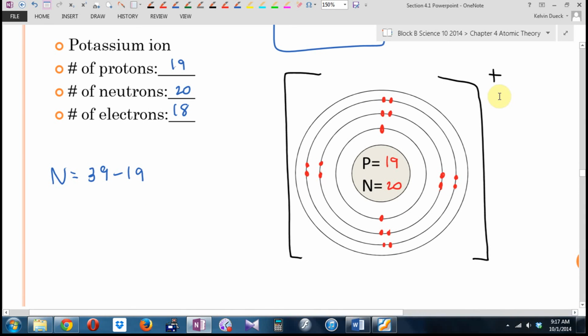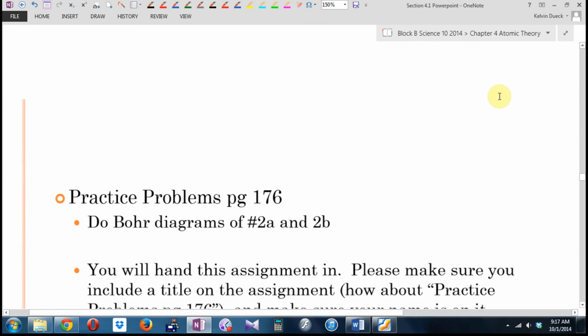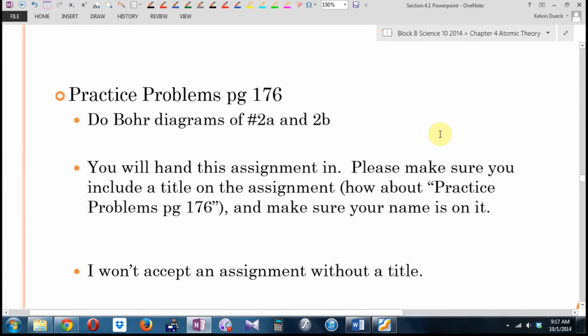Bohr diagrams. I'm not a big fan of them. I recognize they have their use. As part of your homework later on, but you can make a little note, I'm going to ask you to do on page 176 Bohr diagrams for number 2A and number 2B.